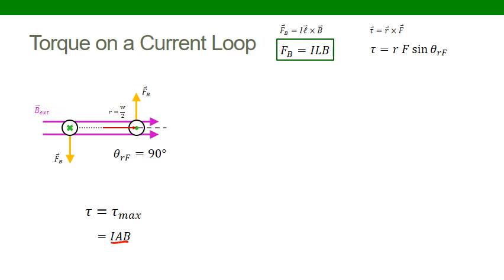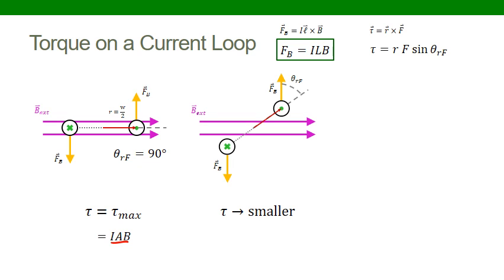If we begin to turn this, we're going to have a change in the orientation of our force relative to this distance vector from our axis of rotation. We're now going to have an angle, whereas before our angle between the distance vector and our force vector was 90 degrees, so that the sine argument in our torque was 1, and we got some maximum torque.